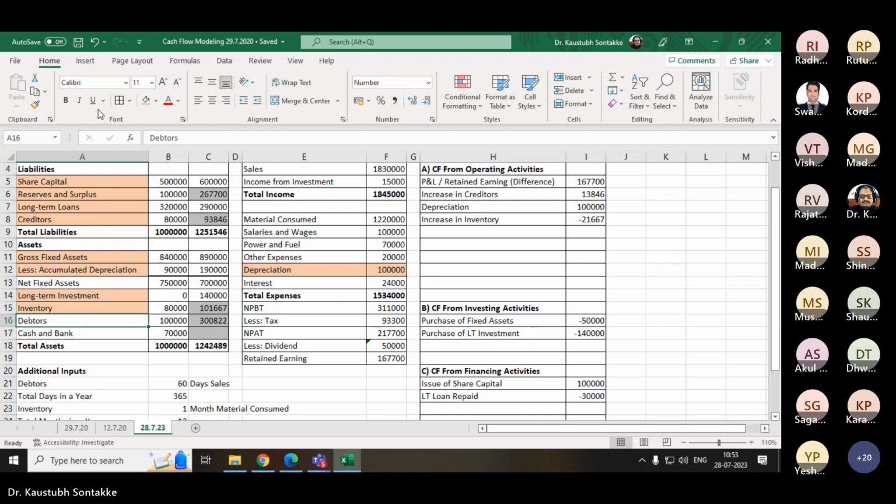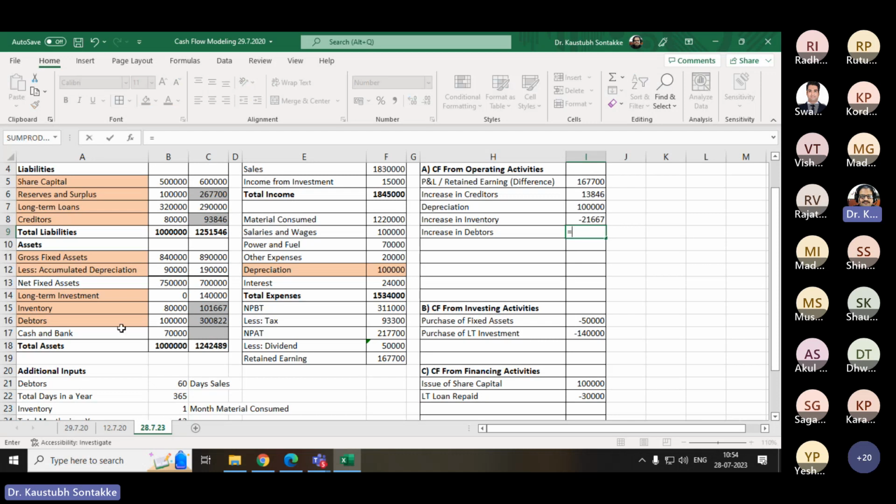Debtors, again increase in debtors. You write it in operating activity only. Increase in debtors is equal to year 1 minus year 2, again minus 2,08,22.